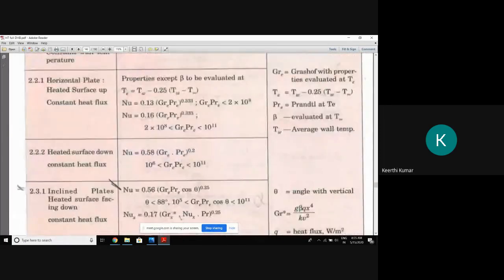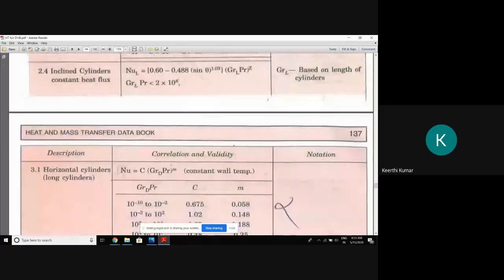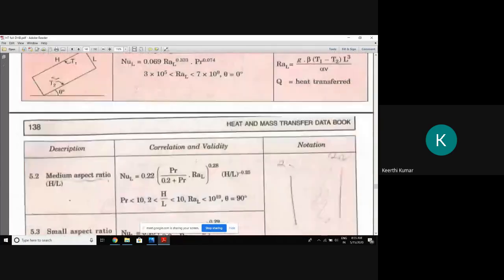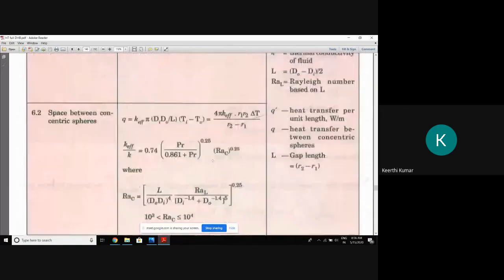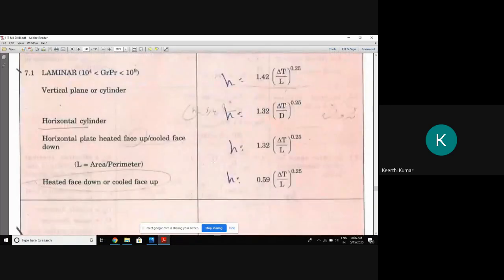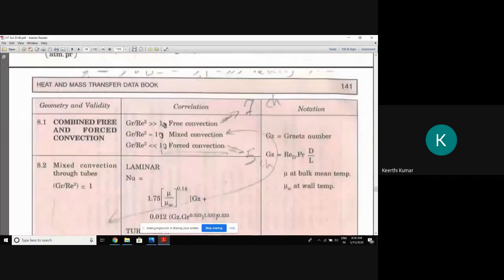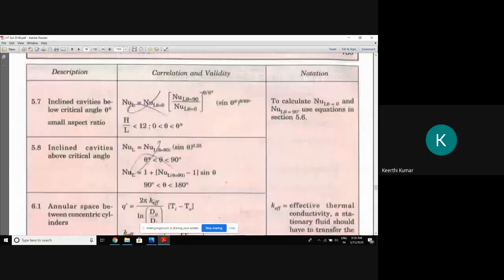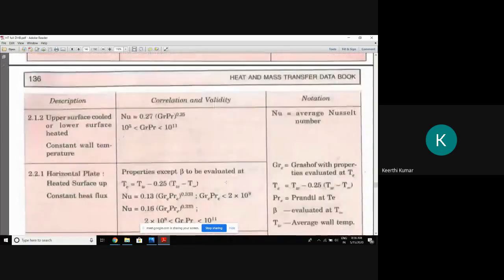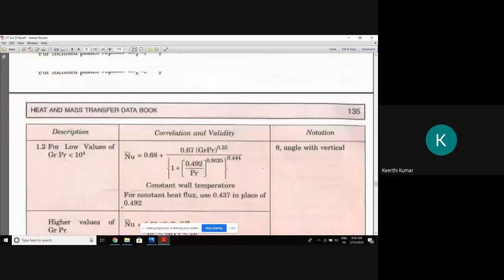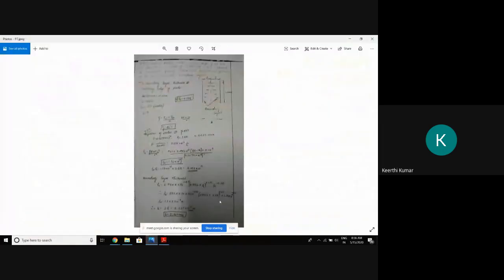You find out the delta X. For laminar flow, just a minute, I'll check. By the time, please calculate the values of this GR and PR.